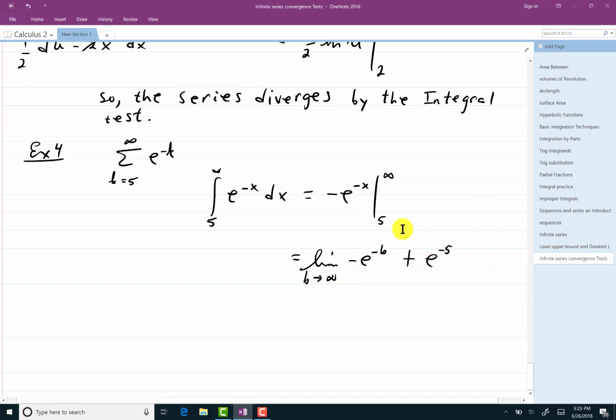Of course, here we know that e to the negative b goes to 0. Just a real quick graph of e to the negative x is something like this. It goes down to 0 rapidly. So this piece will be 0, and so this integral converges.